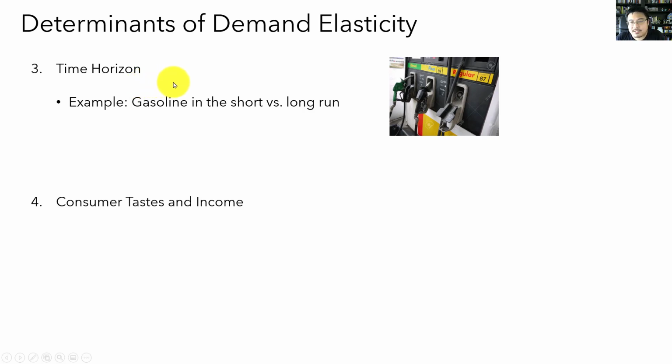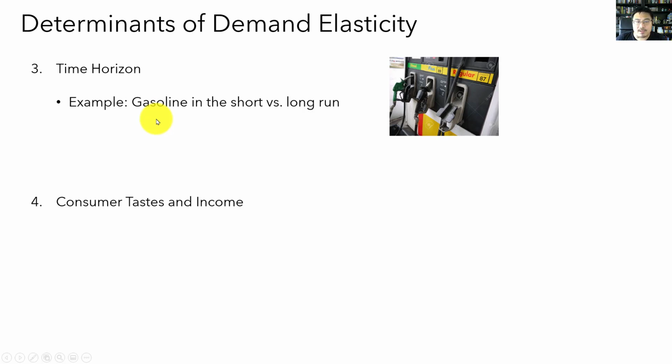When gas prices change, people still have to do things like their daily commute. They still have to drive to go shopping and to visit friends and family. And so the demand for gasoline in the short run is probably going to be fairly inelastic and not that sensitive to prices because people still have to do the same amount of driving as they always did.